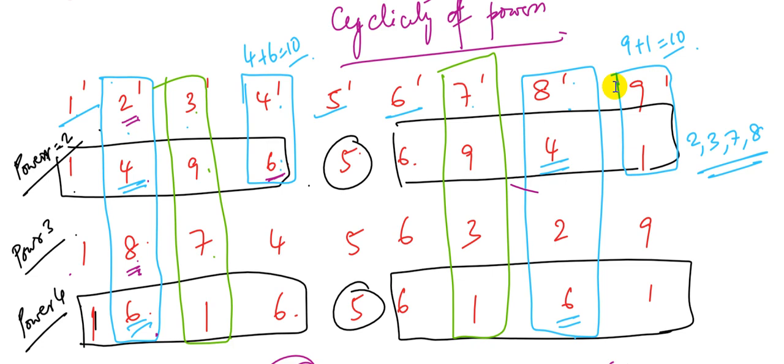For that you just need to understand each of the numbers. 1 raised to power 1 is 1, 1 raised to power 2 is 1, 1 raised to power 3 is 1, 1 raised to power 4 is 1. Similarly, 2 to the power 1 is 2, 2 to the power 2 is 4, 2 to the power 3 is 8, 2 to the power 4 is 16, but we are looking at only the last digit. So, if I consider only the last digit, the numbers would be 2, 4, 8, 6. Clear?